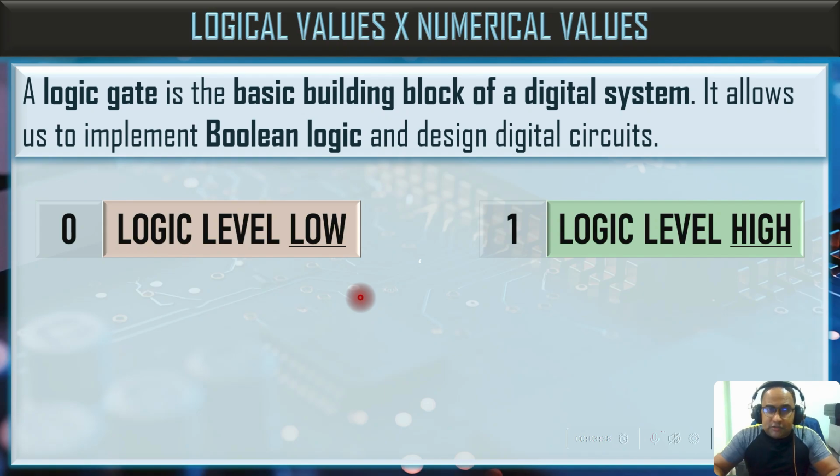For our study of digital systems, it's extremely important that you understand that logical values are not numerical values because numerical values are handled in mathematics through arithmetic operations. Logical values, on the other hand, are used in Boolean algebra through logical operations, and that's what we're going to explore in this video. Therefore, it's extremely important not to confuse logical values with numerical values.